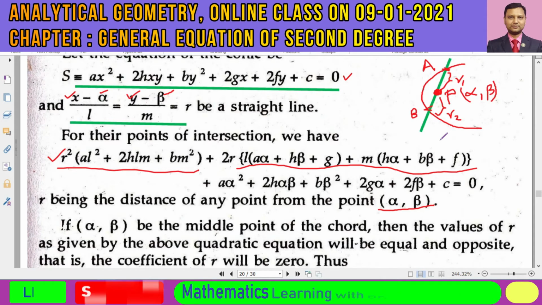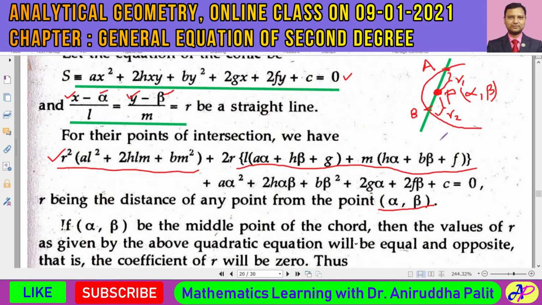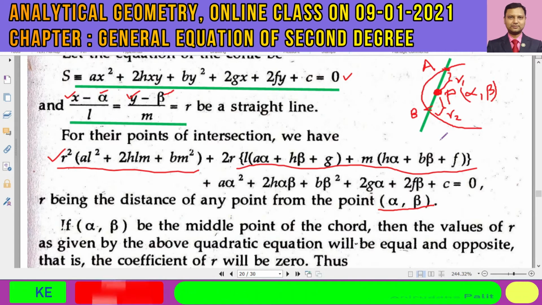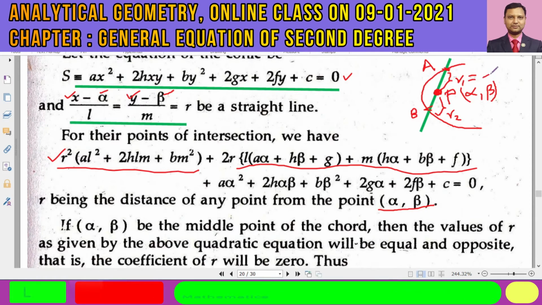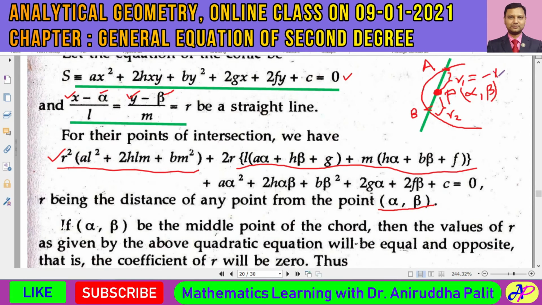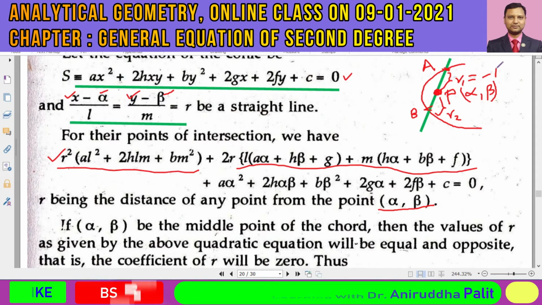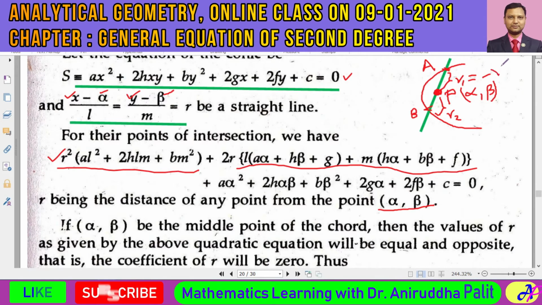If this point P is the middle point of the chord, then R1 should be equal to minus R2.